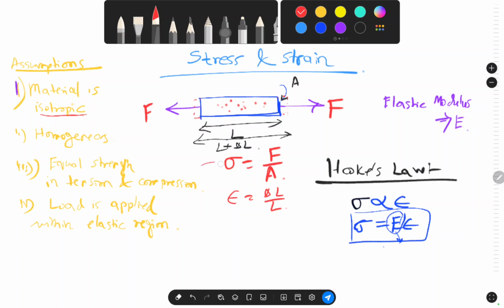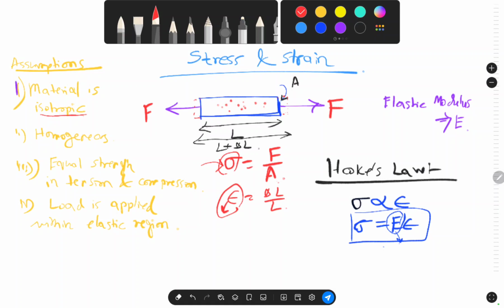Engineering stress and engineering strain mean that the stress and strain are calculated based on the initial dimension.